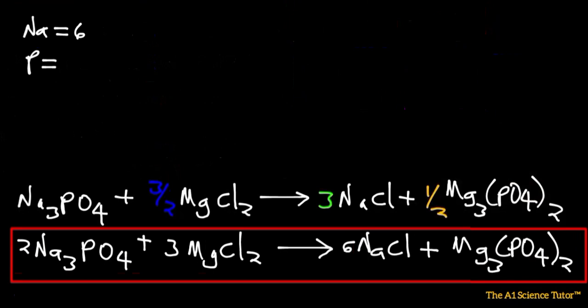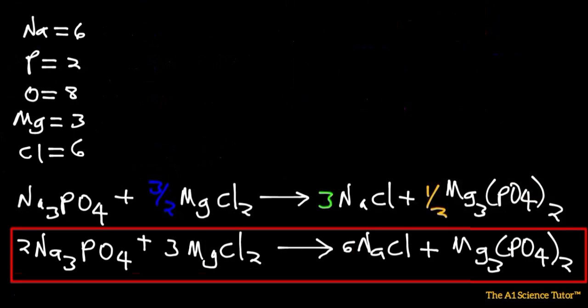Phosphorus, that is 2 multiplied by 1, so that is 2 phosphorus on the one side. For oxygen we have 4 multiplied by 2, so oxygen will be 8. Then we have magnesium. Magnesium, that is 3. Then we have chlorine. Chlorine will be 2 multiplied by 3, so that gives us 6.